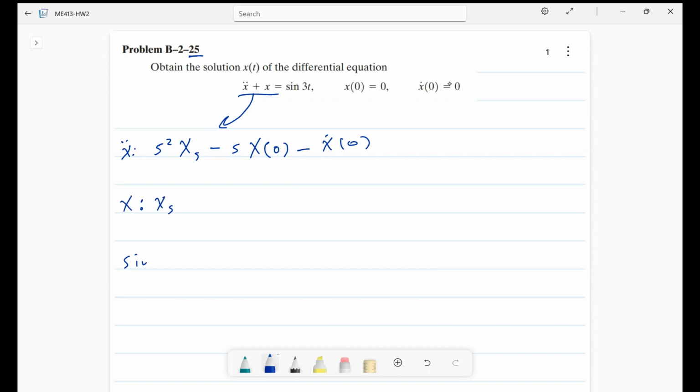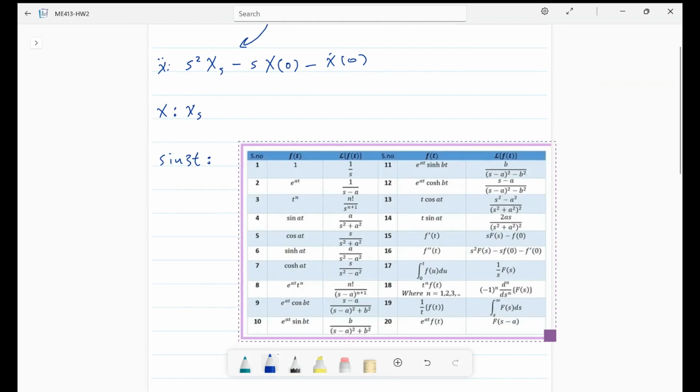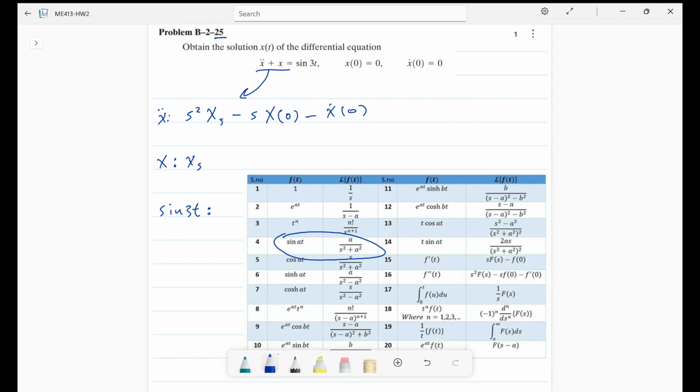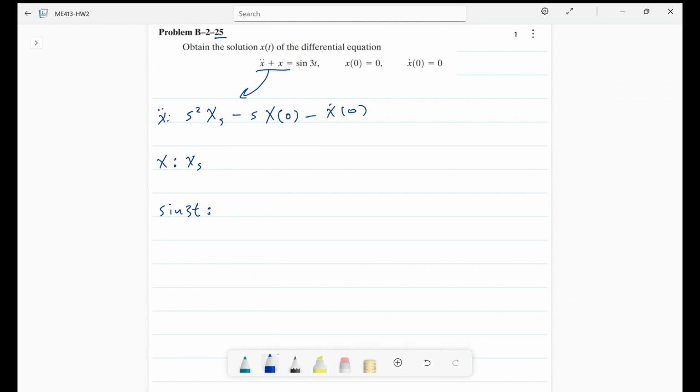And for sine 3t, we need to use the table, which, as you can see, says sine at will be a over s squared plus a squared, which is simply 3 over s squared plus 9.